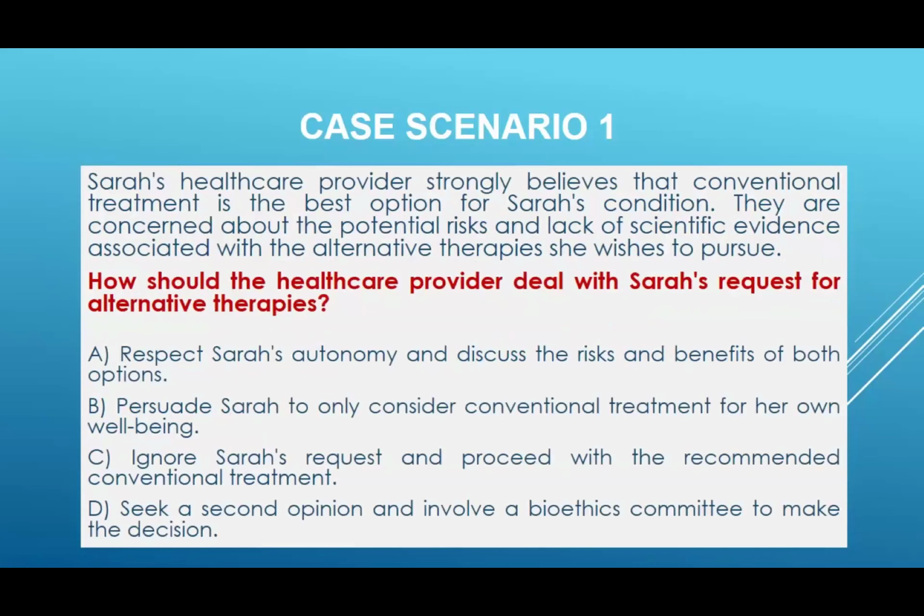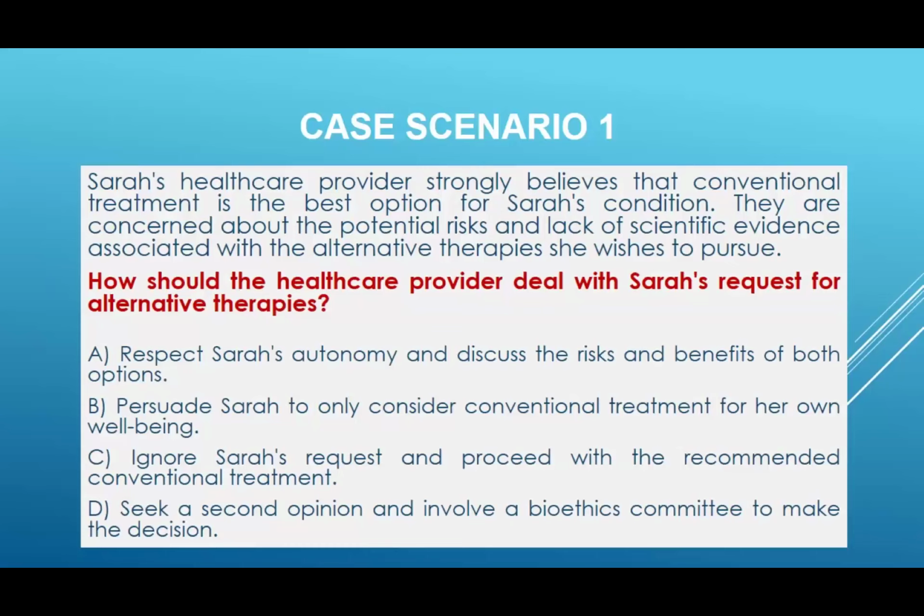Sarah's healthcare provider strongly believes that conventional treatment is the best option for Sarah's condition. They are concerned about the potential risks and lack of scientific evidence associated with the alternative therapies she wishes. How should the healthcare provider deal with Sarah's request for alternative therapies?